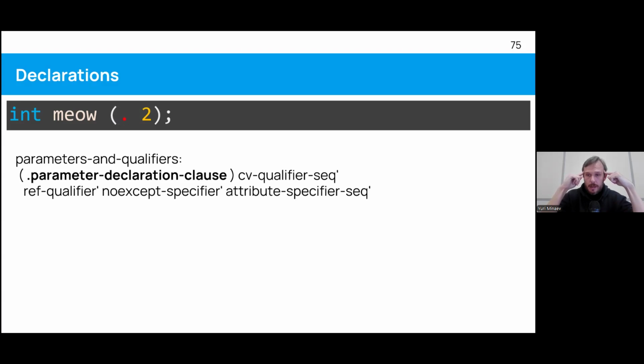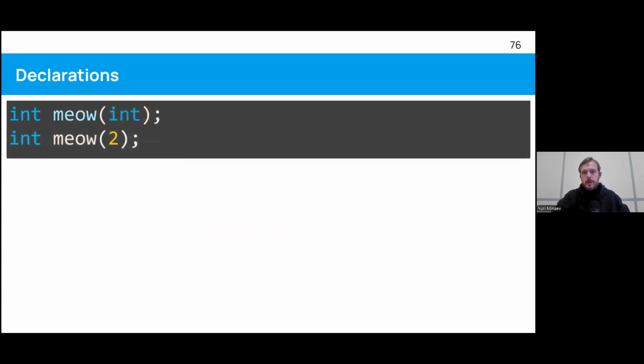What we get here is BAM. Why? Because we have two in parentheses. Two is not a type name. It's not a qualifier or anything like that. It's not a declaration. So we cannot parse a parameter declaration at this point. It's a syntax error.